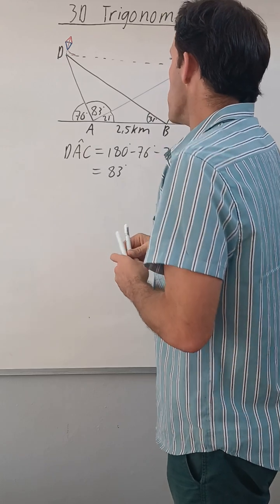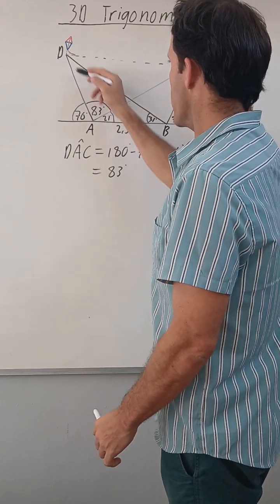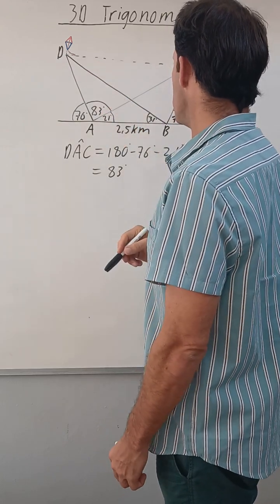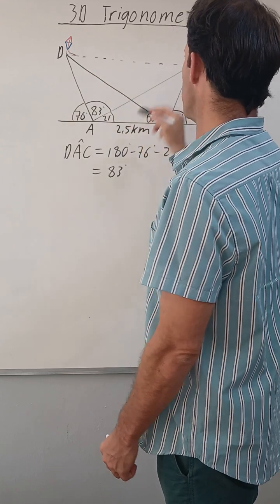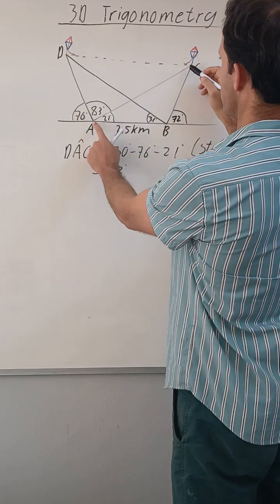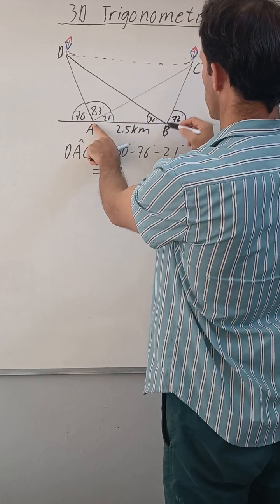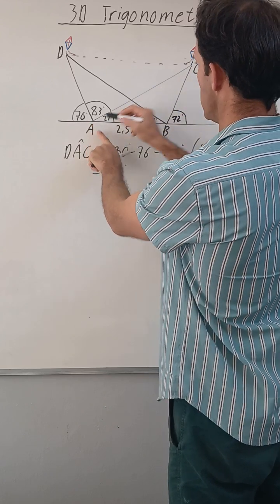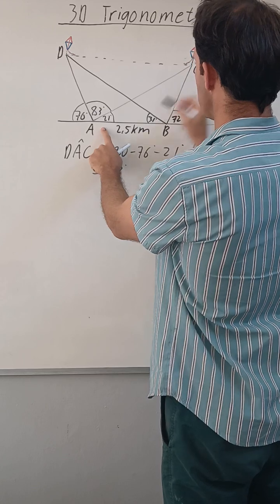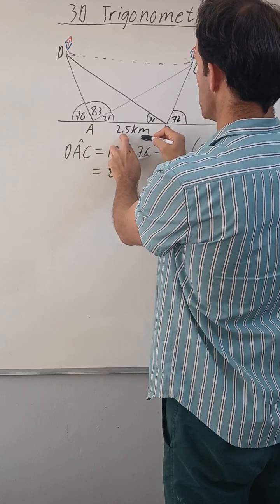Now we're going to need to find some of the sides, AD or AC, so that we can find DC. So let's say we want to find AC first. Then we need to focus on this triangle here, ABC. So in this triangle ABC, I've got 2.5 kilometers.